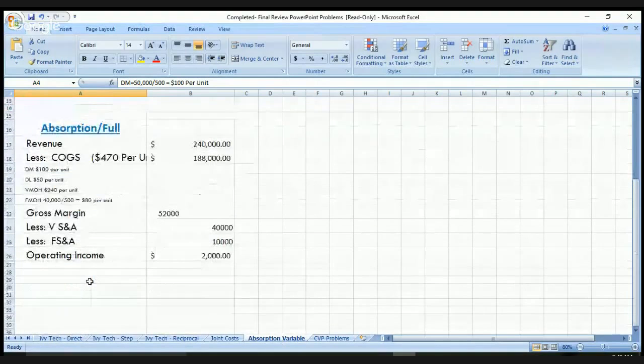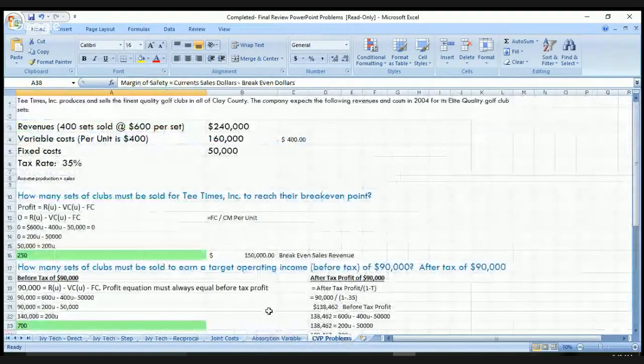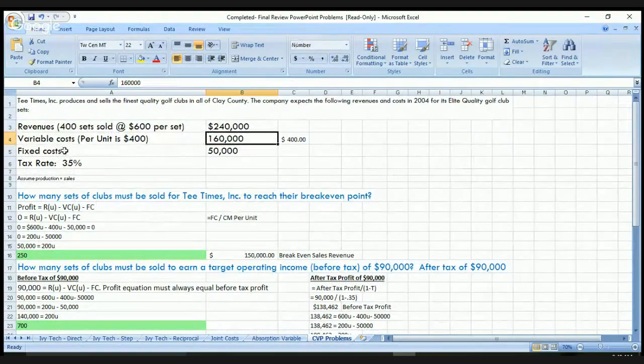I am not sure where they're getting these numbers, to be honest with you. Here's this one. I'm sorry, I was on the wrong screen. All right, so we have variable cost of $160,000, fixed cost of $50,000, and so forth.